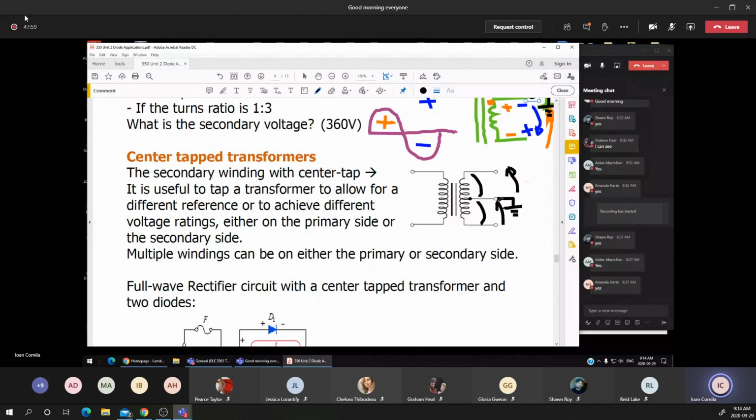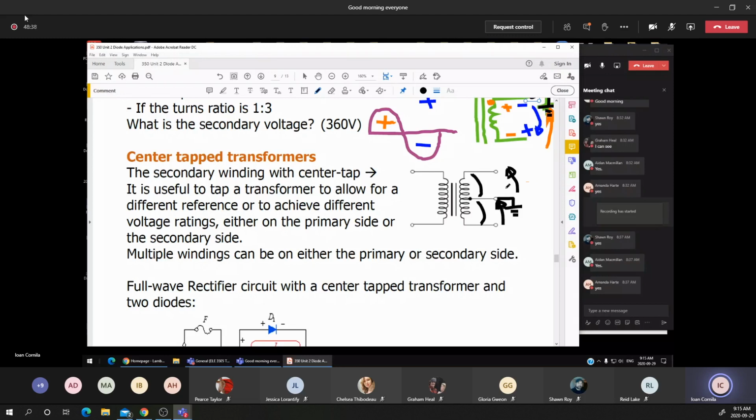The voltage across the first winding is equal to the voltage across the second winding. Again, what is the assumption? The two windings are identical or have the same number of turns. If the two windings have the same number of turns, the two voltages on the secondary winding will be the same.